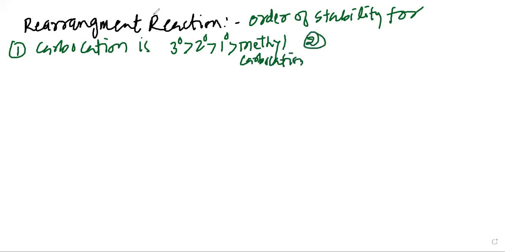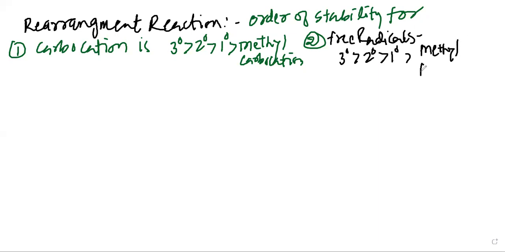In the same way, the stability order for free radicals is tertiary greater than secondary greater than primary greater than methyl free radical.